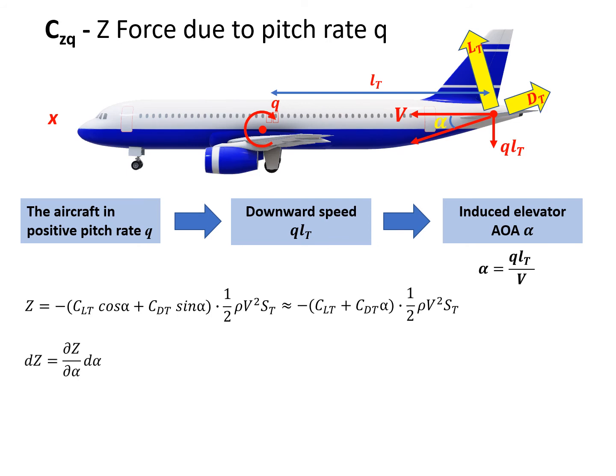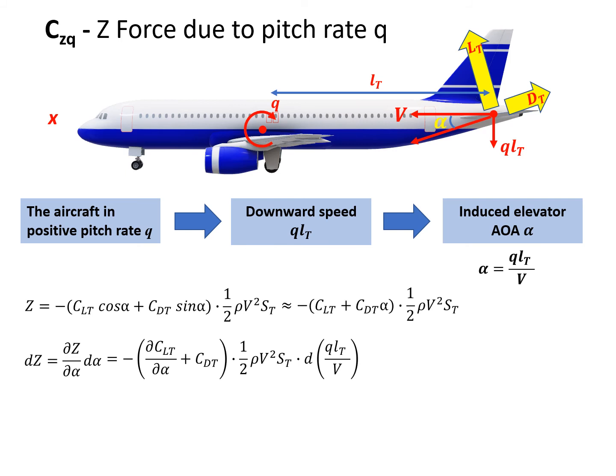Then we do the derivative. So dZ can be denoted by partial Z partial alpha times d alpha, without any approximation. This is just a mathematical procedure. Then we do the partial Z partial alpha, and the alpha beside CDT can be eliminated.